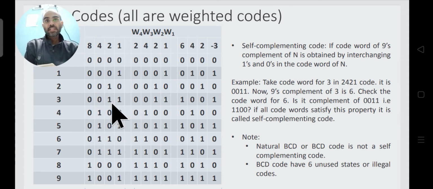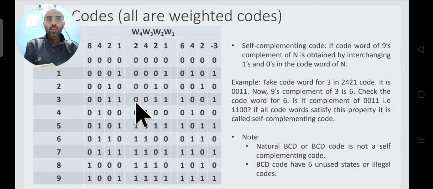So you can see very easily that 8421 code, as it is not satisfying this particular thing, is not a self-complementing code.